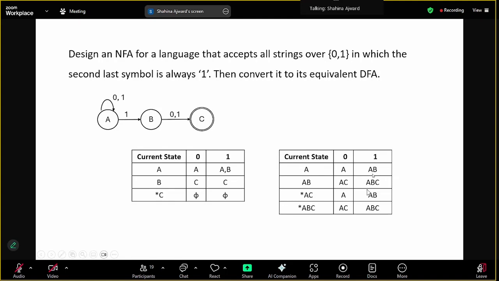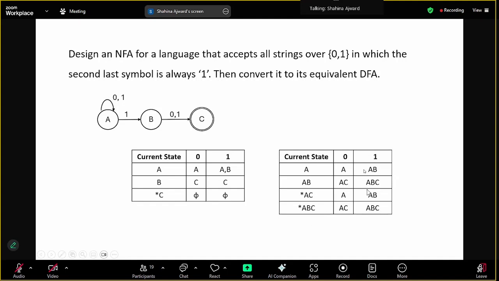That means it's a totally new state we have to define. For simplicity, I name it AB because then it's easy for us to map. You can try a different symbol if it is confusing, but I prefer this way because it guides me in completing the table.